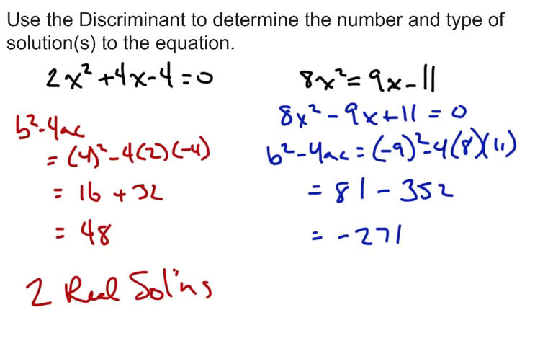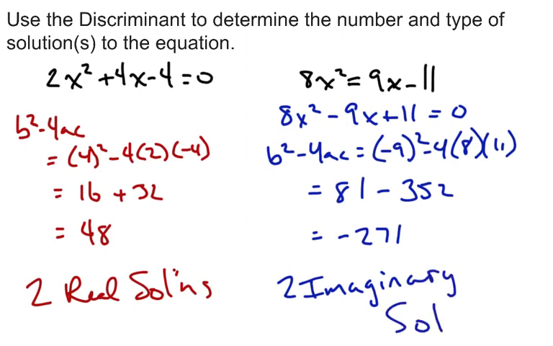So if we were doing the quadratic formula, we would have a square root of a negative number, which means we'll have two imaginary solutions. All because that 271 is negative. So all we really care about when we look at the discriminant is it positive, is it negative, or does it equal 0?